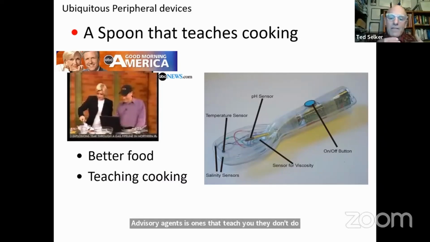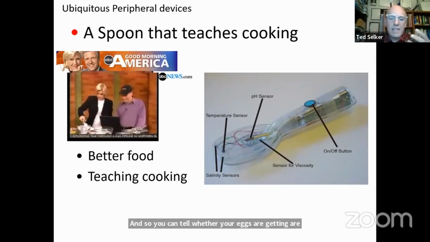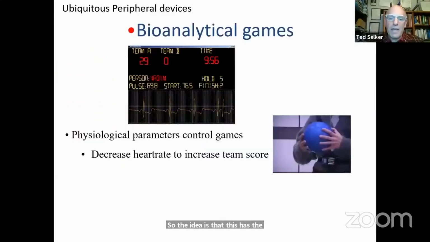So by teaching you that you should put more salt in this as opposed to putting in salt for you, it's doing that. And this one can sense gooiness, and it can sense temperature, and it can sense pressure, and so you can tell whether your eggs are getting stiff and things like that. So the idea is that this has these sensors, but it's literally chiming in on the side.